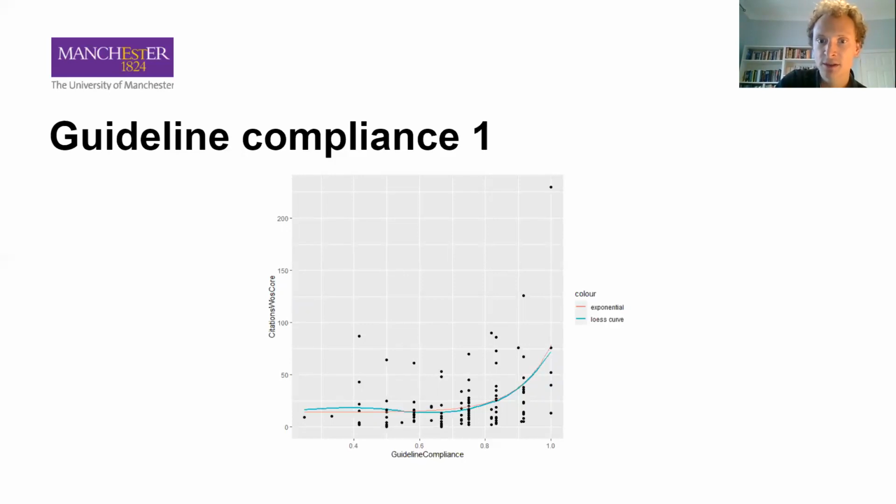You can see that for guidelines up until about 80% compliance, it's relatively flat. It's kind of noisy. It's just not really anything. And then for 80% or more, we're getting a really, really steep upward curve: the more compliant it is, the higher the citations that we see on the paper itself.